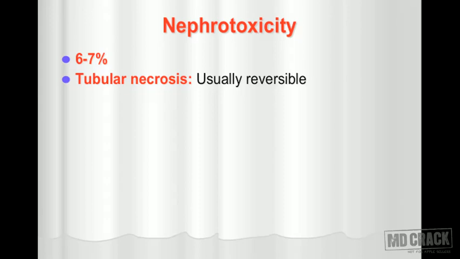If you remember your module on penicillins and cephalosporins, we said they produce acute interstitial nephritis, the affection of the interstitial cells. So interstitial nephritis is characteristic for penicillins and cephalosporins, and for aminoglycosides it is tubular necrosis.